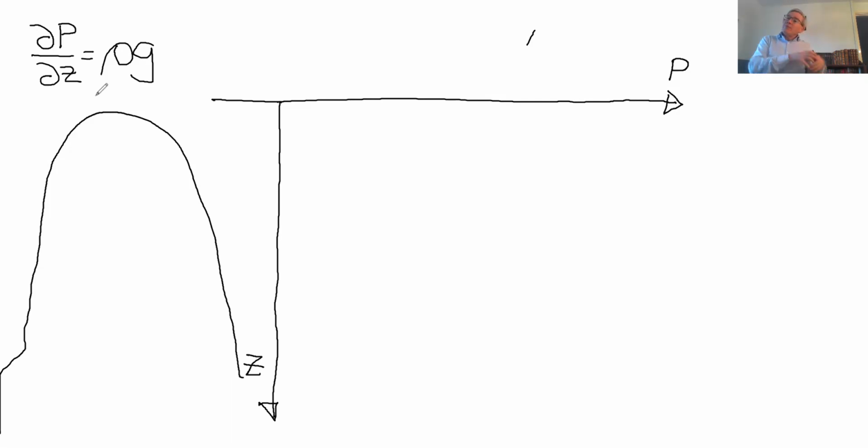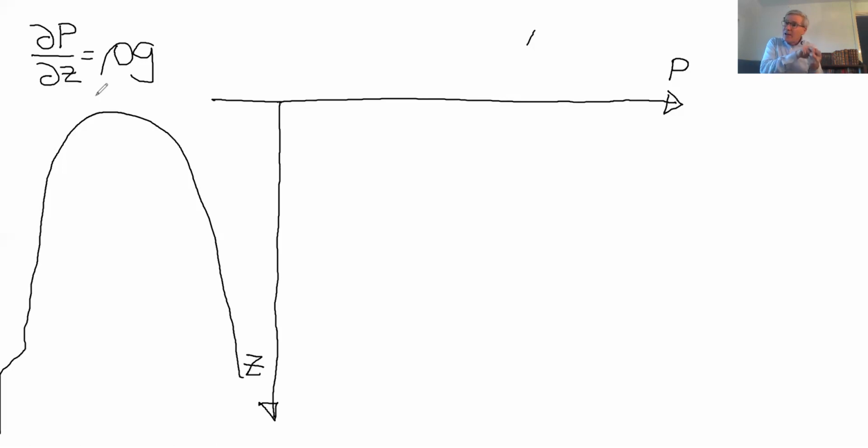It's going to be exactly the same when we're deep underground. We're in porous rock. Those pore spaces are connected. And so as we go down through the porous rock, the pressure in the fluid will vary as the density of the fluid times g times, obviously, the change in height. That is distinct from the pressure within the rock.